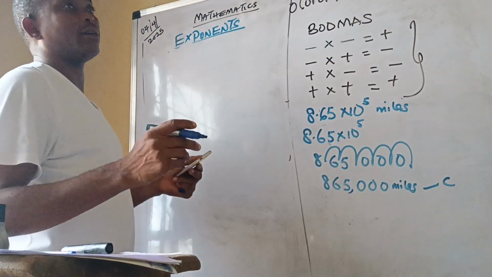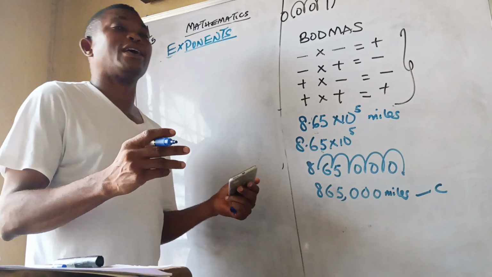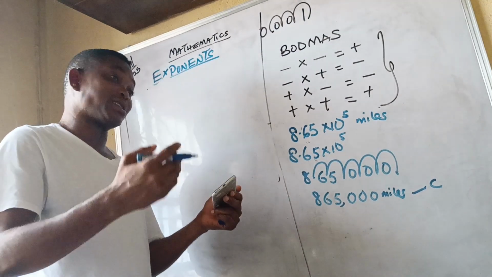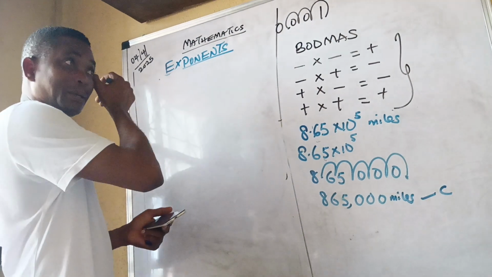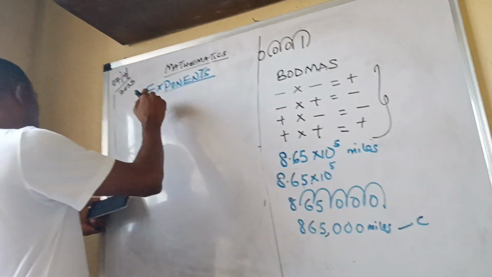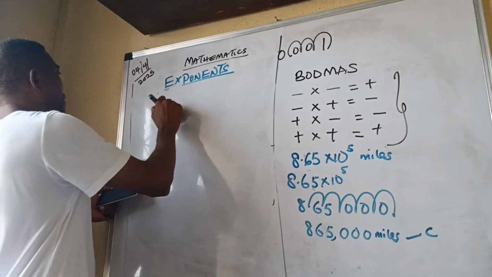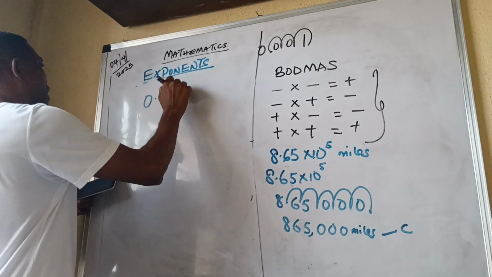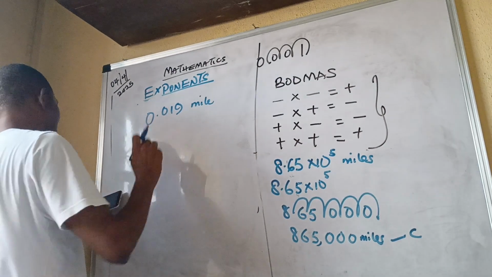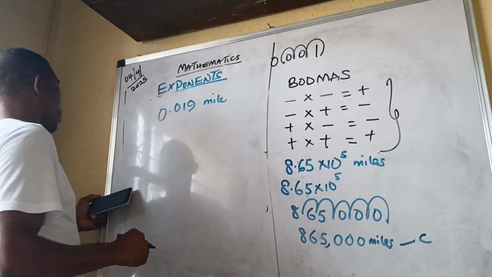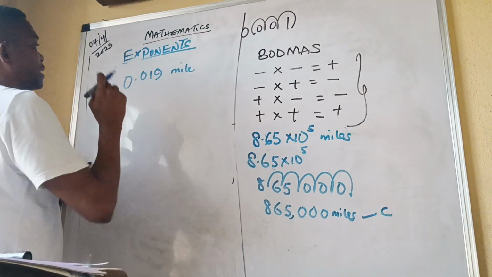In a foggy weather, where the level of visibility is very, very poor as a driver, you will not be able to see clearly. So we're told that the level of visibility of that person is 0.019 mile. So we have to present this in scientific notation or in standard form.